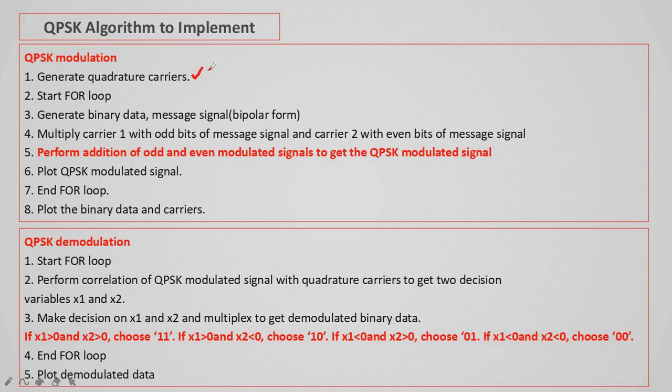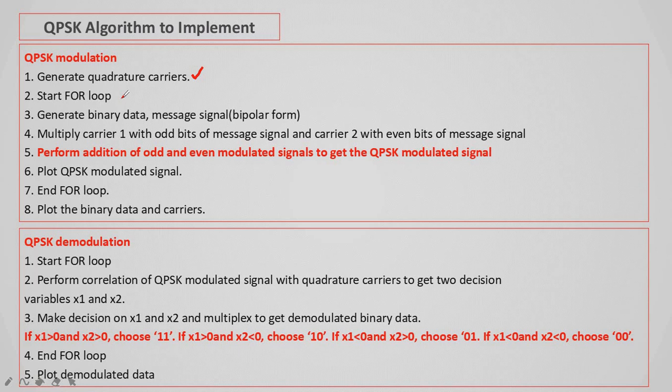If you are considering in-phase as cos, quadrature must be sin omega c. Then you have to start the for loop. Why? Because the for loop will depend upon the length of the binary bits, and that for loop will continue up to the length of the binary input data. Suppose I am giving 5 input data, that means the for loop will continue 5 times.